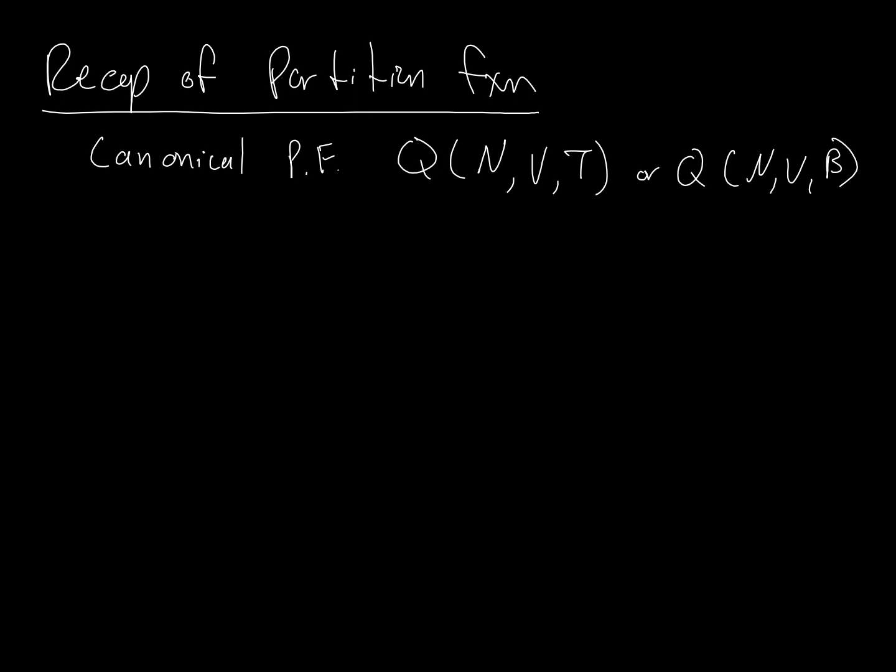Sometimes mathematically it's just a bit simpler to treat temperature as this beta unit, which is 1 over the Boltzmann constant times the temperature. Now, of course, everything we're doing here is absolute temperature.